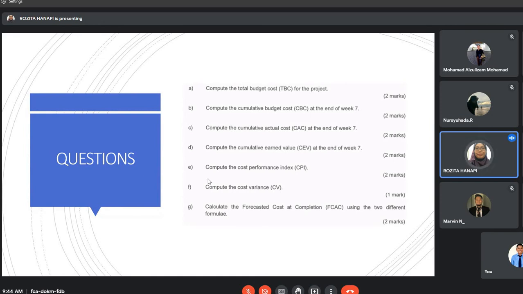Okay, next we look at the cost variance.